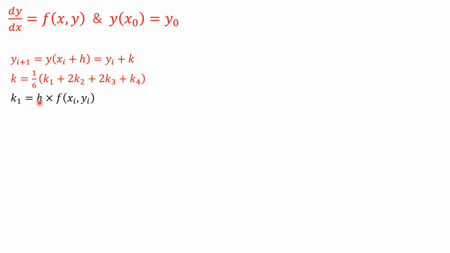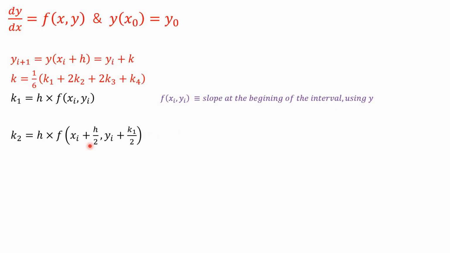So here k1 is h times f(xi, yi), where f(xi, yi) is the slope at the beginning of the interval using this y. Now k2 is h times f(xi + h/2, yi + k1/2).